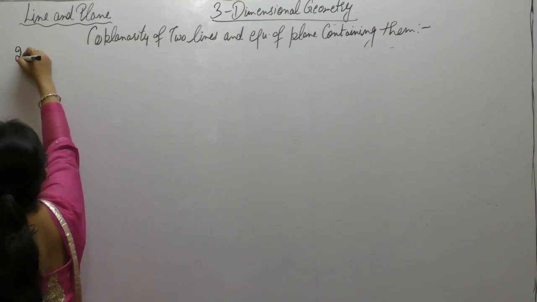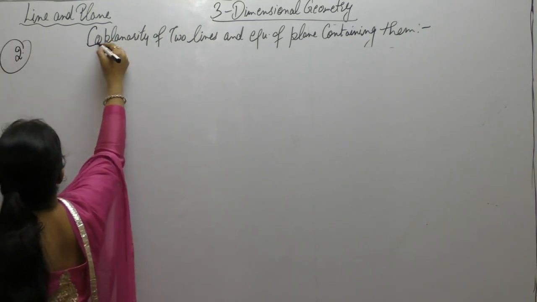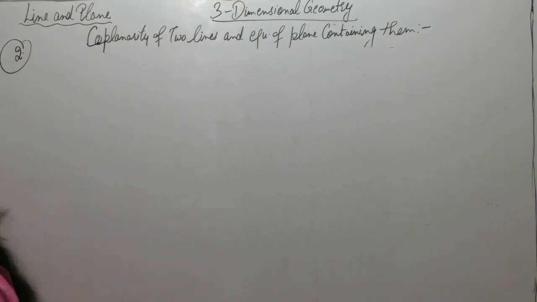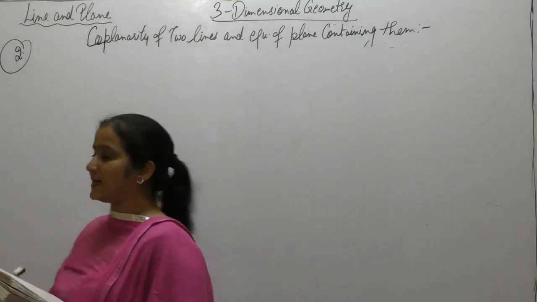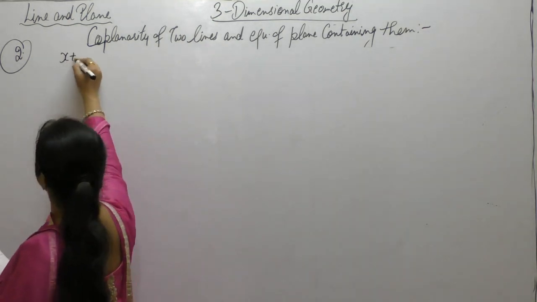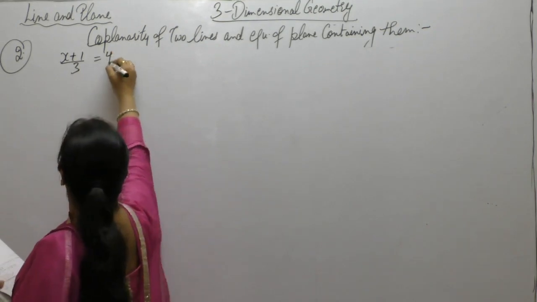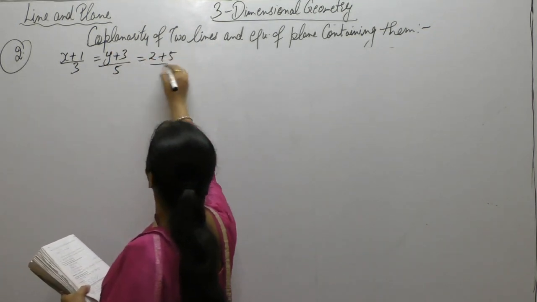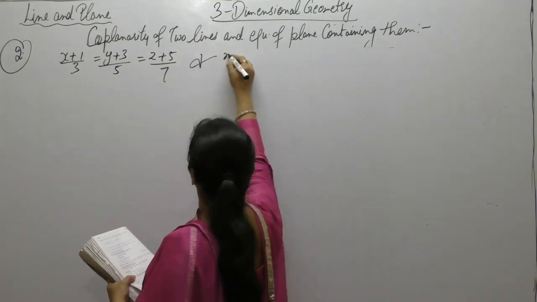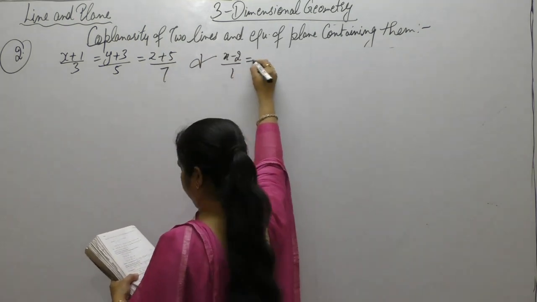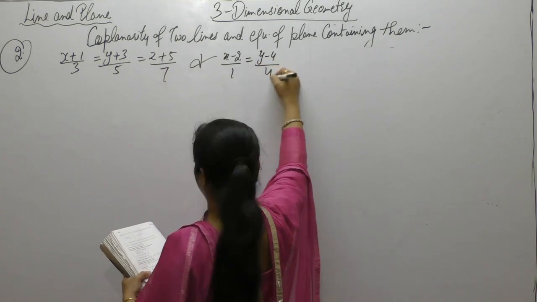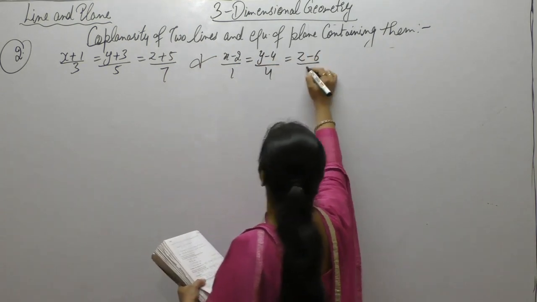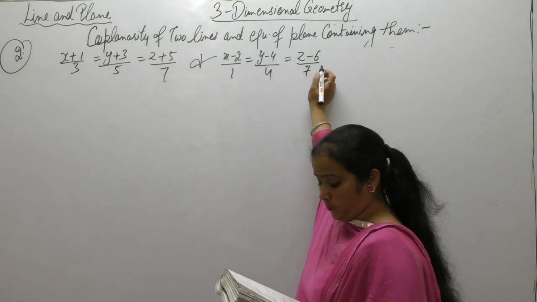Now the next one is: prove that the lines (x plus 1) by 3, (y plus 3) by 5, (z plus 5) by 7 and the line (x minus 2) by 1, (y minus 4) by 4, (z minus 6) by 7 are coplanar.